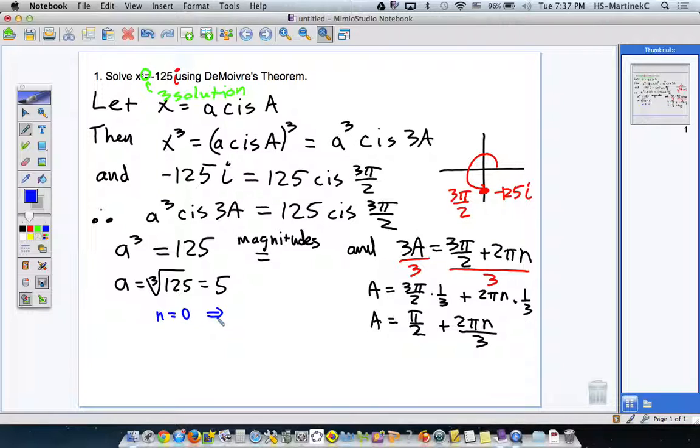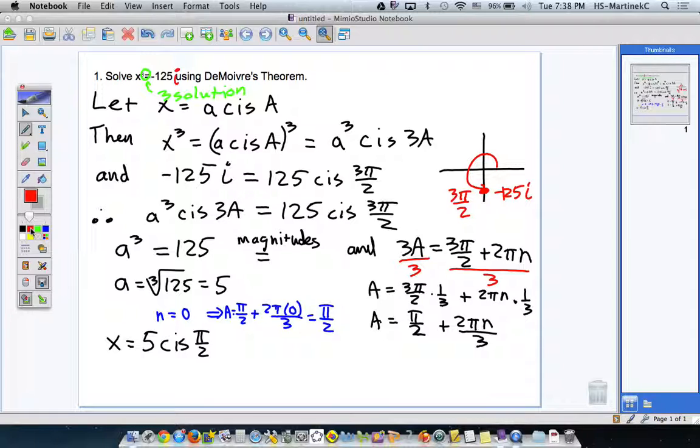Then our capital A would be pi halves plus 2 pi times 0 over 3, or pi halves. So that would tell us that one of our answers for x would be 5, because that was our magnitude, cis pi halves.